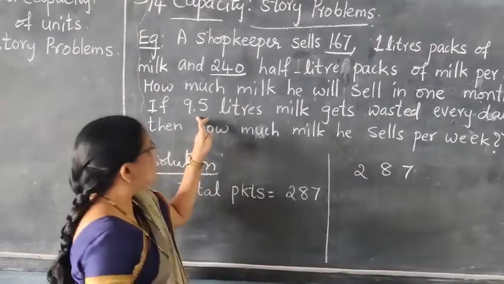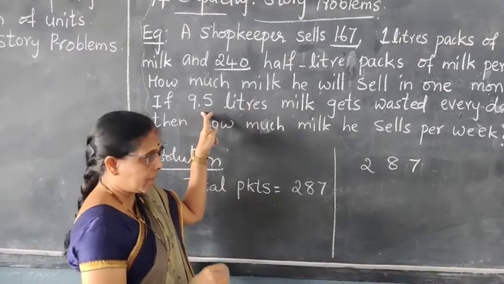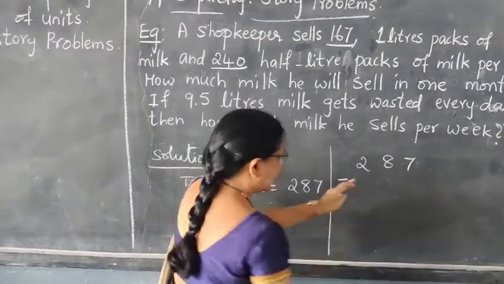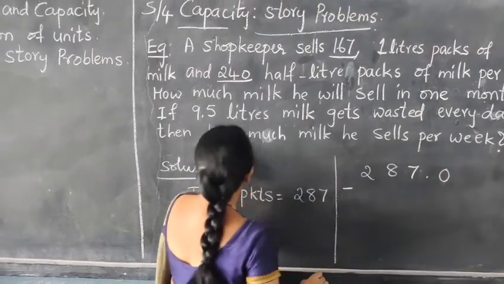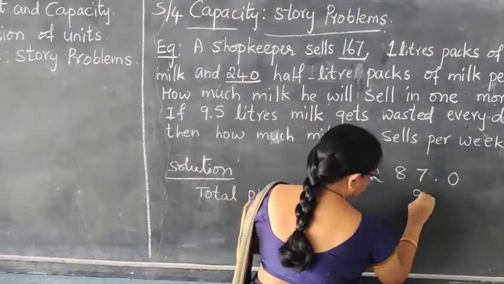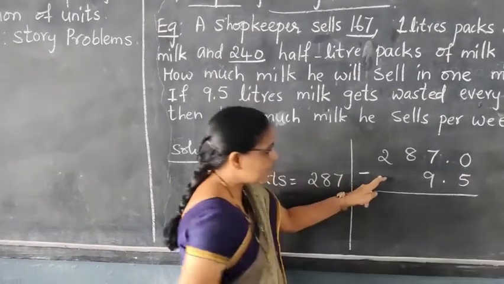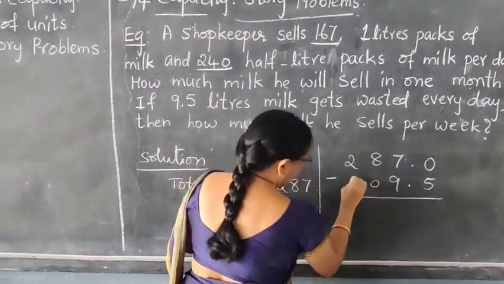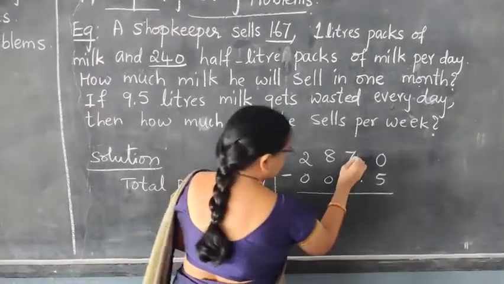If we waste 9.5 liters of milk every day, then from 287 you have to subtract 9.5. You know, children, how to arrange the decimal numbers.